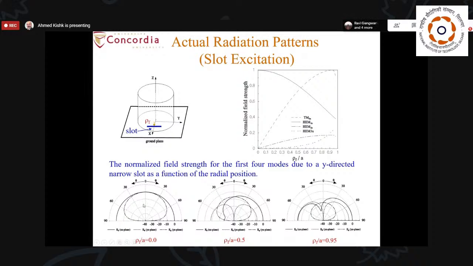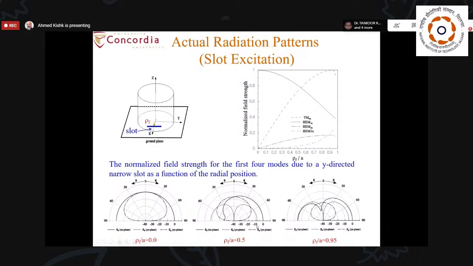So if I look at the radiation pattern contribution of the total number of modes, when I am on the center, you find that the slot really gives me an ideal radiation pattern, which is a contribution of a single mode. And you can see no cross polarization exists here.